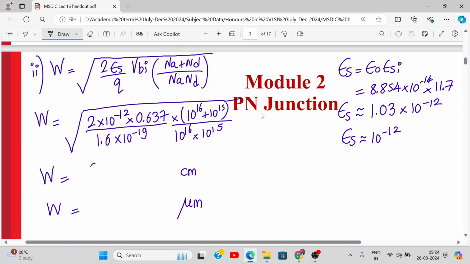Please check. So it will be 0.934 micrometer. So this will be the space charge width. You have to be very careful with your calculations. 934, 935, it's all fine.